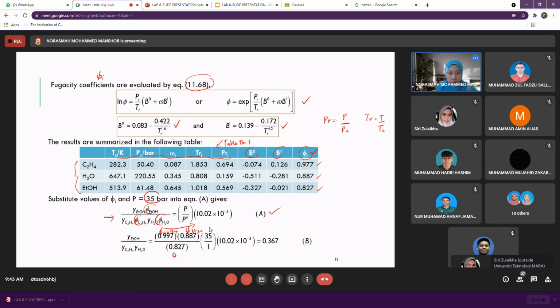Yang ni adalah V ni. Okay. Okay, yang value yang V, the fugacity coefficient, you bawa pergi this right side. Okay, P sekarang 35. Ini K tadi. So this value ni adalah 0.367. Faham ke? Okay, setakat equation B ni. Boleh semua?